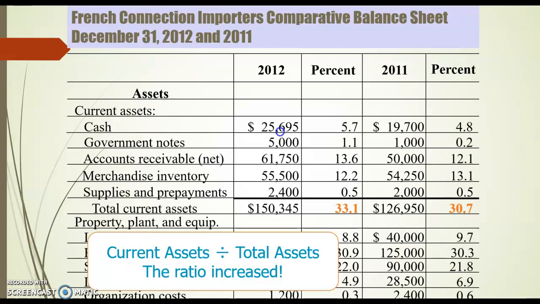If maybe $20,000 or $15,000 in cash is enough to cover what we need to do, then we would want to put a nice big chunk elsewhere. You don't want cash to be such a high percentage of your total assets.